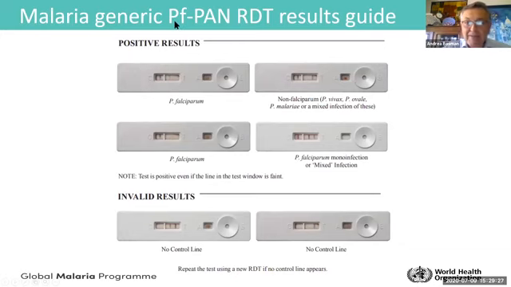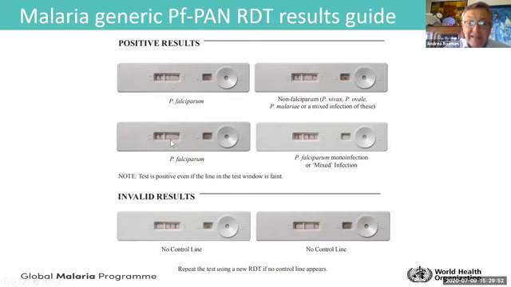Now, this is a PF-PAN test. And by convention, the first PF is the one which is closer in terms of line to the control line. So when we have one line only in the test window, which is close to the control line, this is a falciparum result. And look at this.